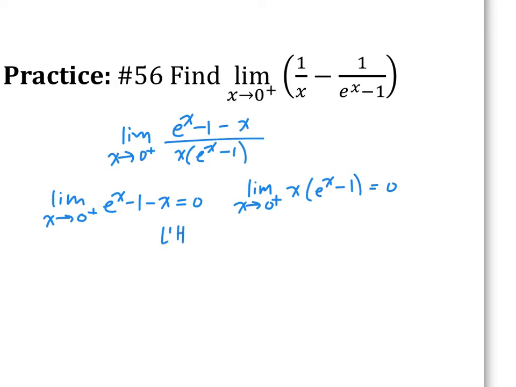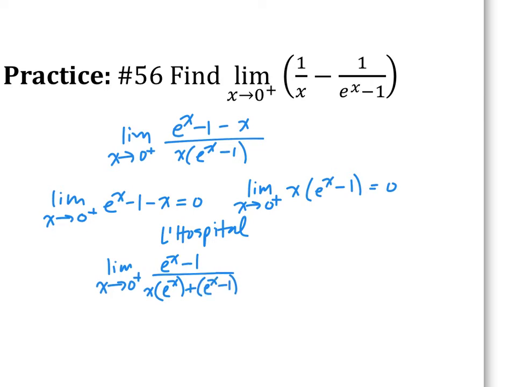Limit as x goes to 0 plus, the derivative of the numerator is e to the x minus 1, over, by product rule, x times e to the x plus e to the x minus 1.